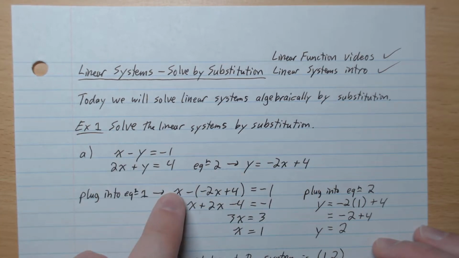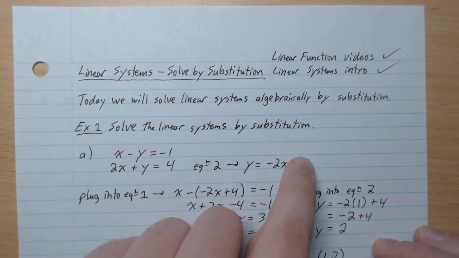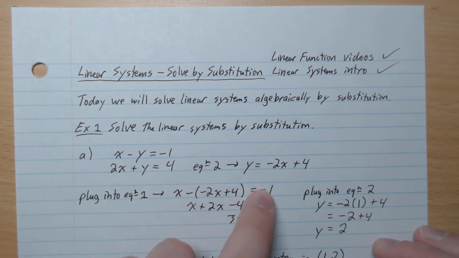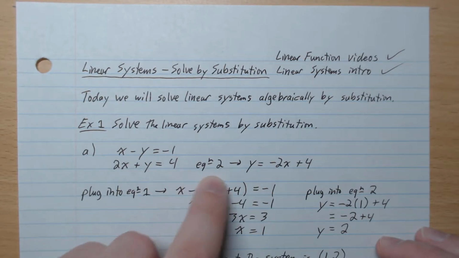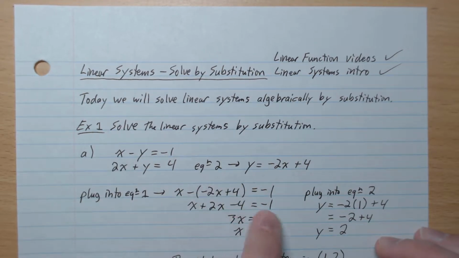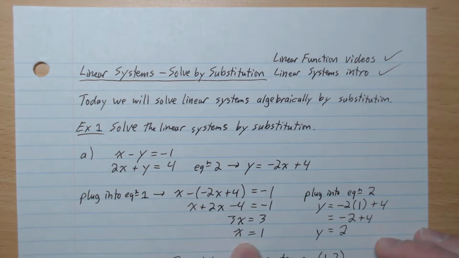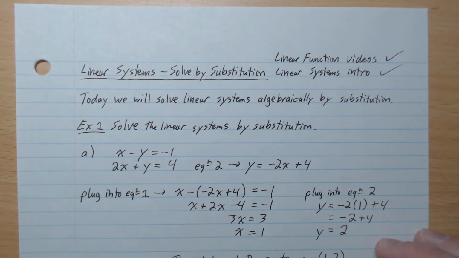And so you see here, x minus y, like this, equals -1. And then now we distribute our negatives. So we get 2x minus 4. And so now the goal is to simply isolate for x. So we have 3x equals 3, which gives x equals 1.